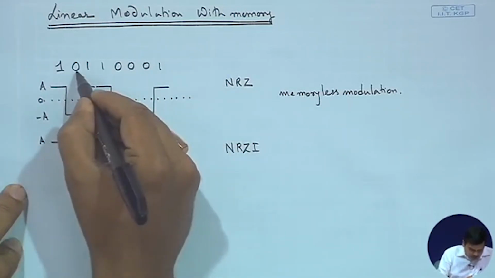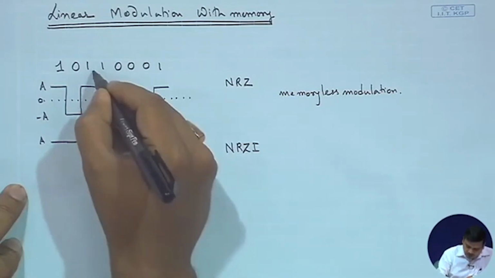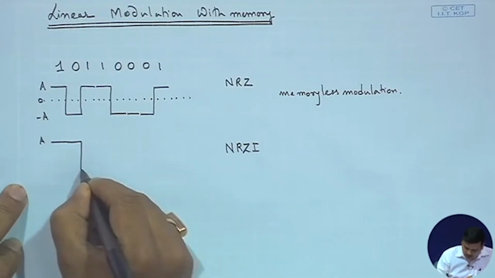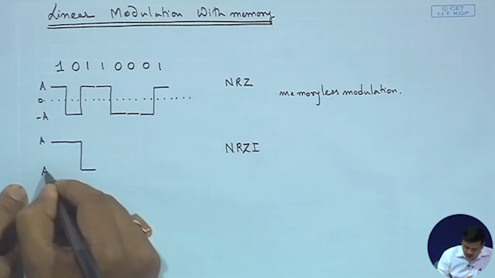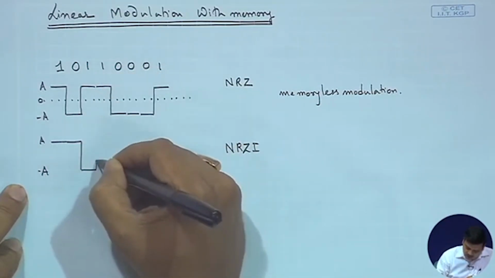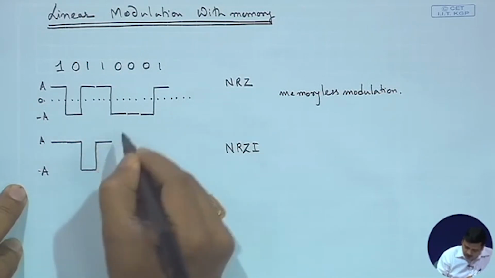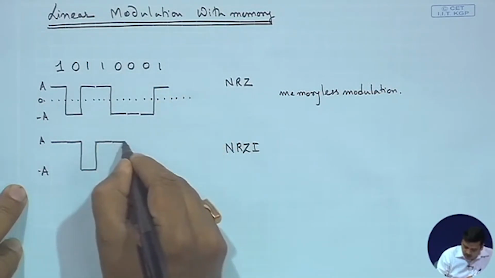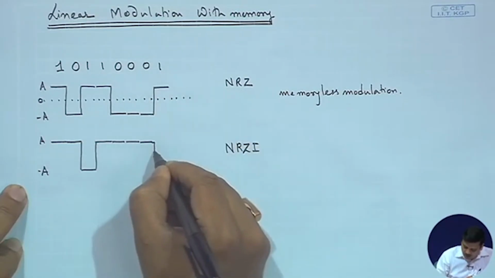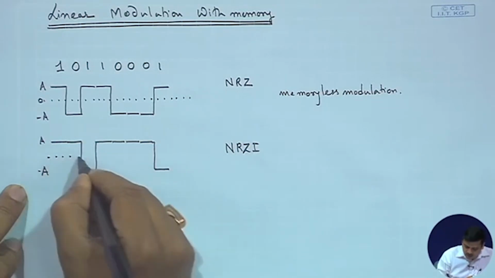Now since you have a 0, you continue on that same state, and then since you have a 1, you would change your state from A to minus A, and again since you have a 1, you would go back to plus A, and here since you have a 0, you continue on your state, and since you have a 1 over here, you again switch your state, right.